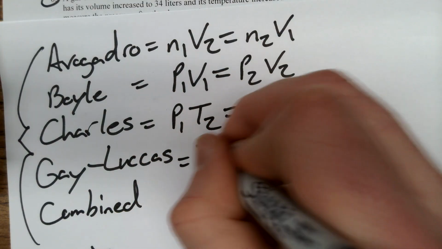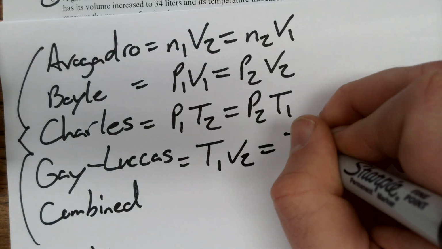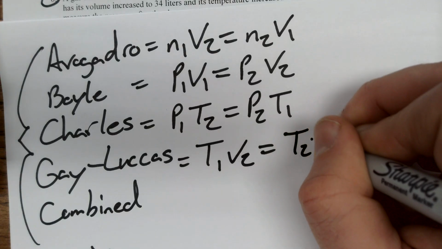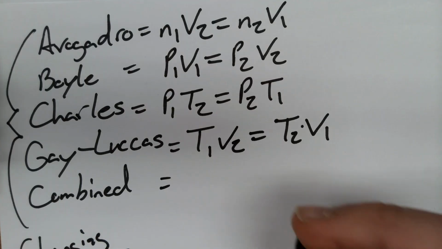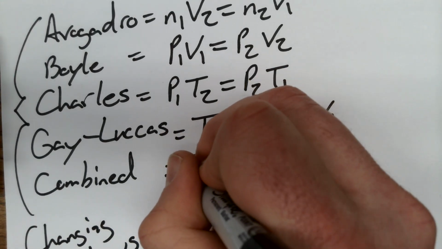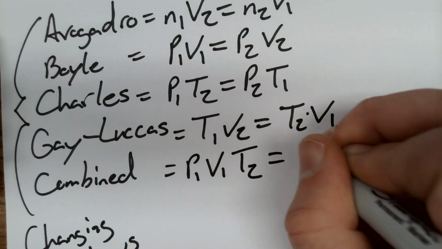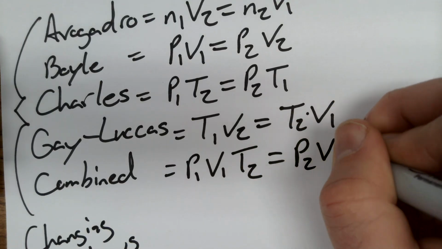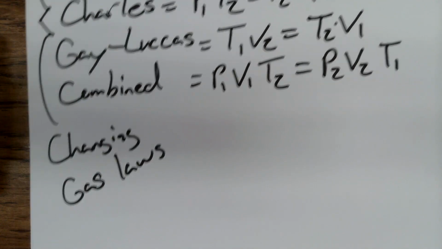Gay-Lussac's, that was my pressure and my temperature. In my combined, I was looking at multiple things: pressure, volume, and temperature. These were our changing gas laws.